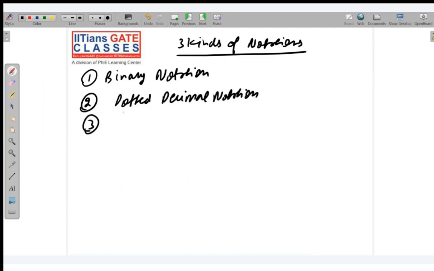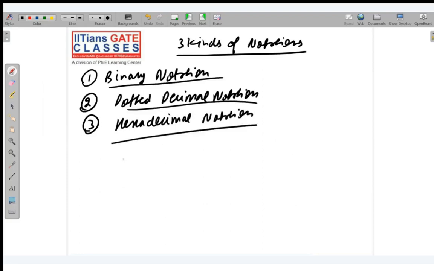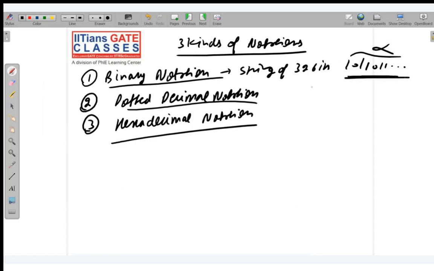And the third one is hexadecimal notation. So there are 3 kinds of notations for IP addresses. Binary notation is simple: you write a string of 32 bits, like 1011011 and so on. But it is not used, because the human eye cannot see and cannot remember these binary numbers. It is not used generally.